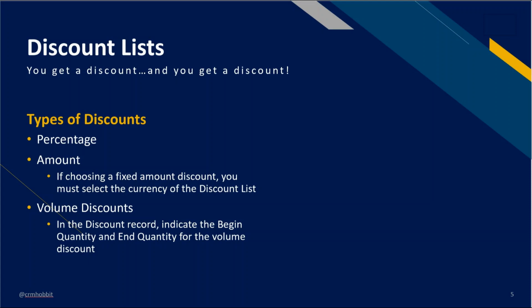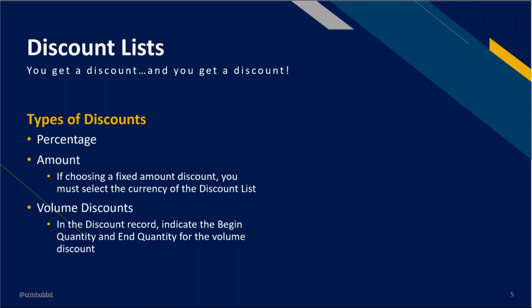Discount lists allow a user in Dynamics 365 customer engagement to provide a specified discount to a customer on a product or service. Now, the types of discounts that you can provide are either a flat percentage or a flat amount.